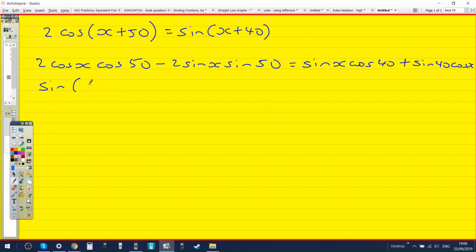Basically, they both add up to 90. So sin A is equal to cos(90 minus A) and vice versa. And so sin 1 equals cos 89, sin 2 equals cos 88, sin 3 equals cos 87, and vice versa. Cos 1 equals sin 89, and so on.